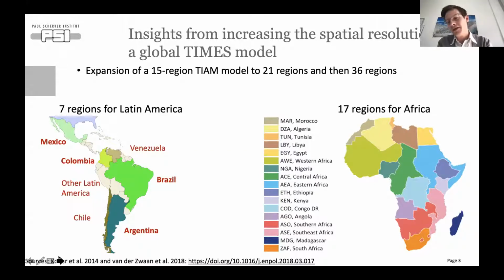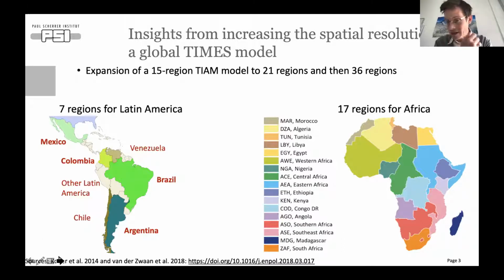We were aware that the North African countries have a very special role in exporting natural gas, in the availability of wind, in particular in Morocco, PV in Egypt, also wind in Egypt. And we wanted to have these different resource availabilities separated.